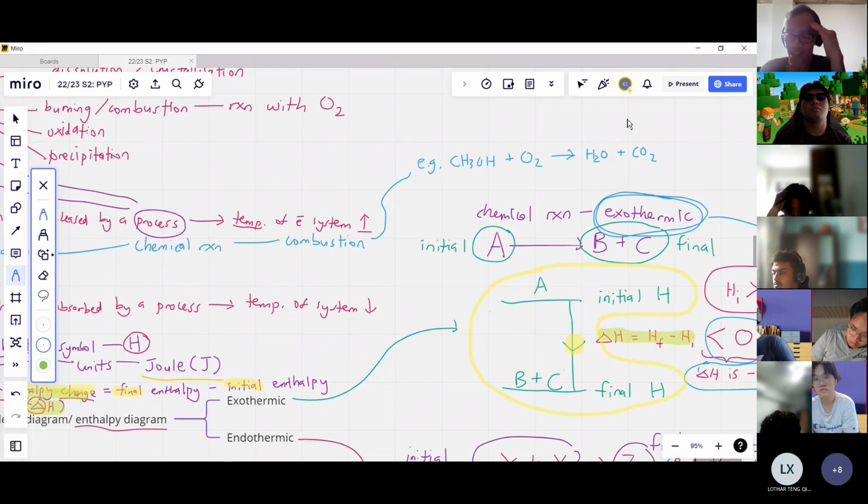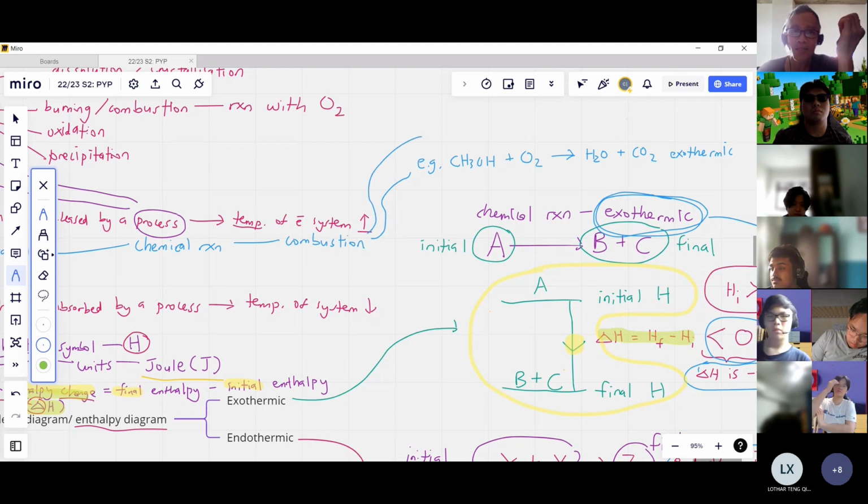Make sure everybody knows how to balance this. I'm not going to balance this now, but you are supposed to know. This is a combustion reaction, so automatically, you don't have to think, it gives out heat. So it's an exothermic reaction. But sometimes combustion can be a bit less obvious. I'll give you another example here.